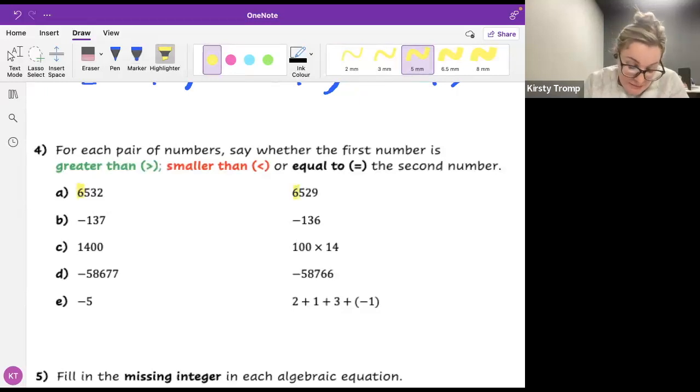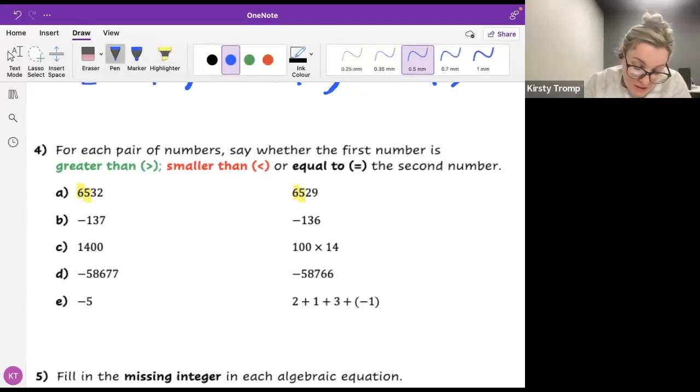The next digits give 6,500 and 6,500, which also doesn't help. So what are the two numbers that are going to help me? One number ends with 32 and the other ends with 29. Which is bigger, 32 or 29? Of course, 32 is bigger, so it gets 2 dots. 29 is smaller, so it gets 1 dot. And I join my dots.